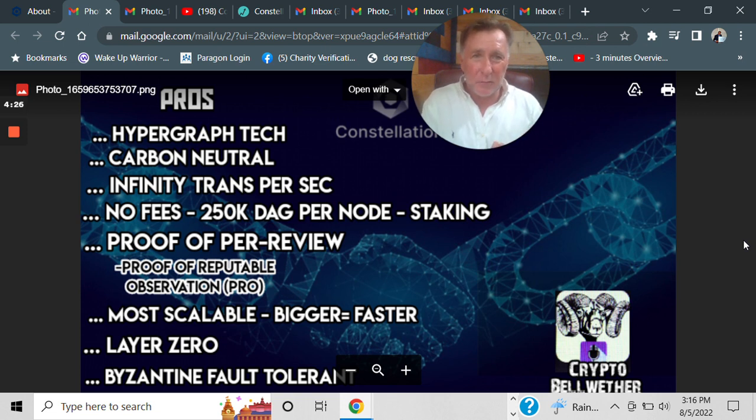Now, follow me on this. It's a little technical, but I'm going to make it as simple as possible. And if I can understand it, you probably can. They have a layer 0 that all layer 1s sit on top of. Therefore, they can communicate. It has the most amazing interoperability of anything out there. I love Polkadot, I love Cosmos, but this is a whole different setup. This is a game changer.